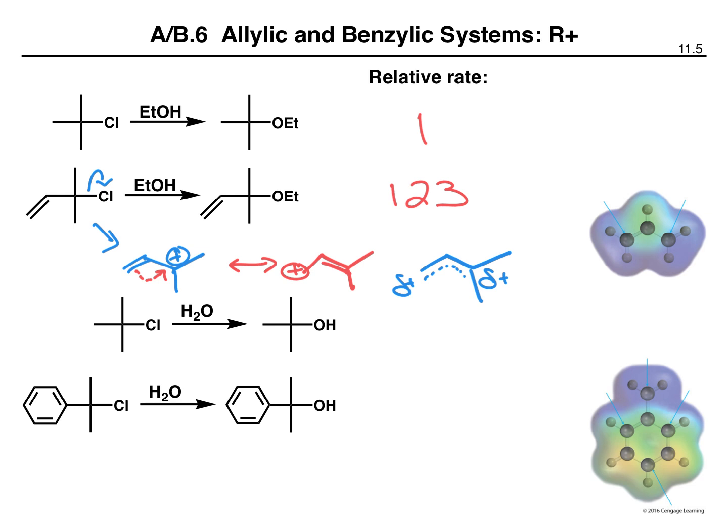Over here, we have an electrostatic potential map, and blue is positive. Red is negative, blue is positive in these electrostatic potential maps. And so you can see that we have a buildup of positive charge here as well as here. Now, when we think about an allylic carbocation, why is resonance possible?